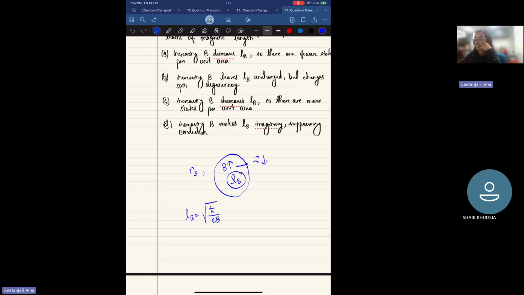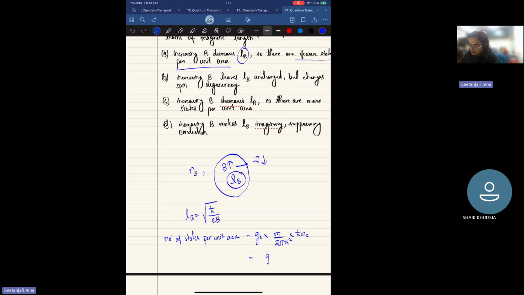So we want to find out what is happening to LB and what is happening to the number of states per unit area. So the number of states per unit area is the spin degeneracy, density of states, and energy of one Landau level.